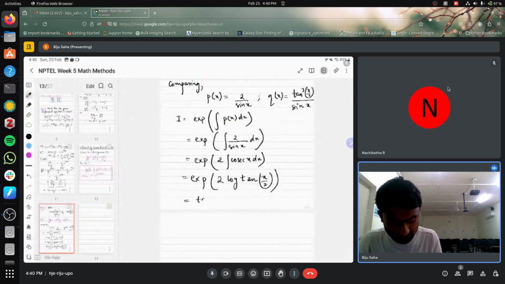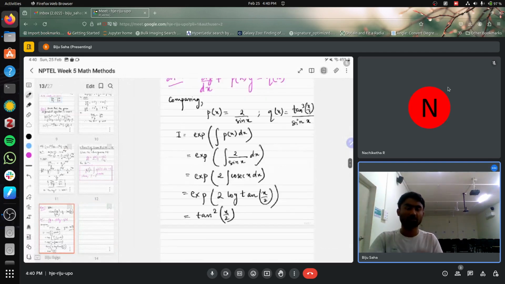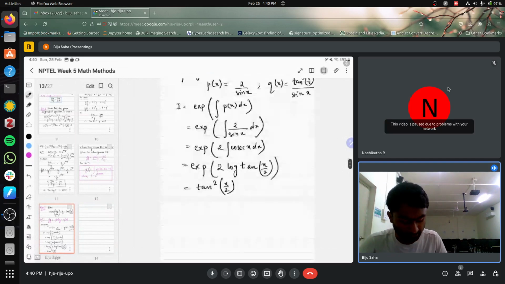This can be written as just tan squared of x by 2. So this is your integrating factor.